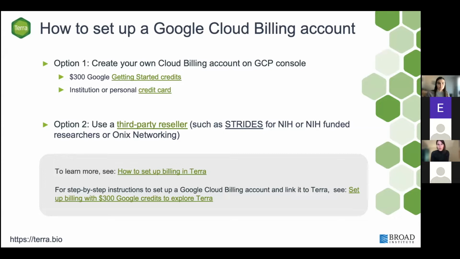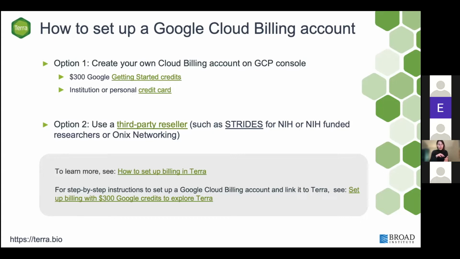Yeah, so the third-party reseller that the DSI Africa group determines to use will establish the Google billing accounts for folks, I believe, within the consortium. And on the Terra side, usually every user will have their own unique Terra billing project.